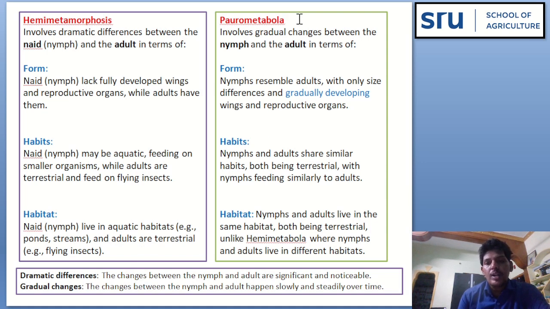In the case of paurometabola form, nymphs resemble adults with only a size difference and gradually developing wings and reproductive organs. Habits: nymphs and adults share similar habits, both being terrestrial, with nymphs feeding similarly to the adults. Habitat: nymphs and adults live in the same habitat, both being terrestrial, unlike hemimetabola, where nymphs and adults live in different habitats. That is, in hemimetabola, the nymphs or naiads are aquatic and adults are free living.